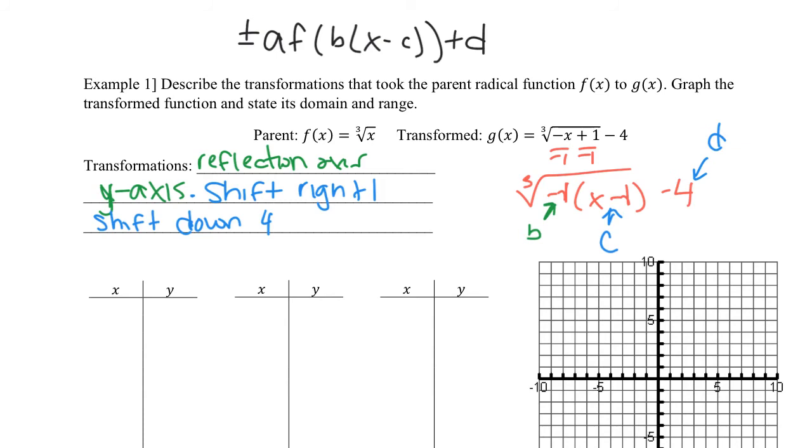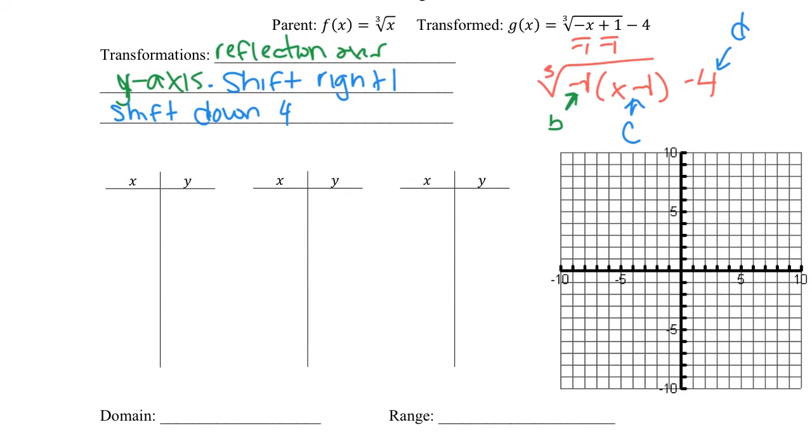So let's create our table so we can graph this new function. So the first table we're going to create is our parent function table. So now we have a cube root this time, so we need to talk about perfect cubes. So cube roots can in fact have negative numbers, so I need to include those in my parent function. Well, the highest negative perfect cube that I could fit on a grid 10 to 10 is negative 8. So I'm going to take the cube root of x to get my y.